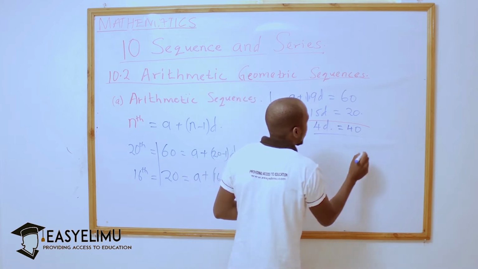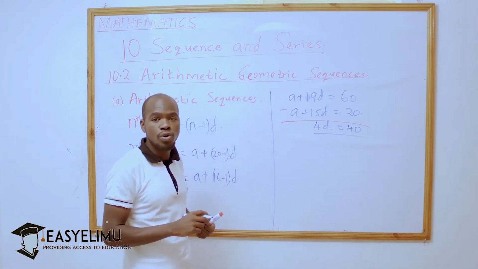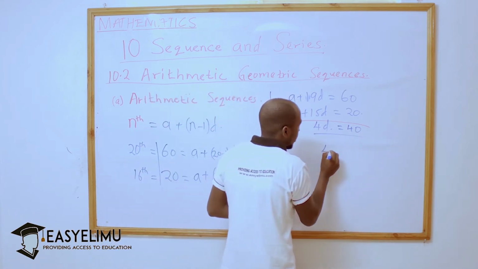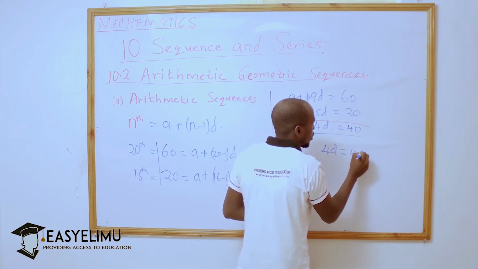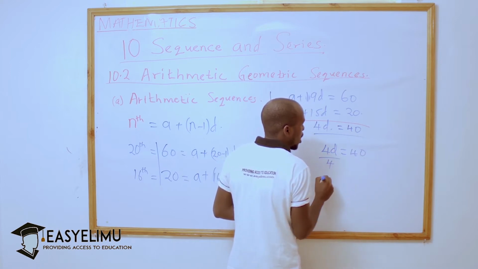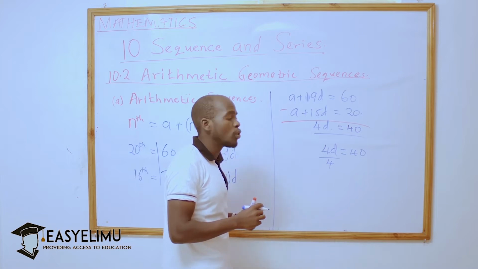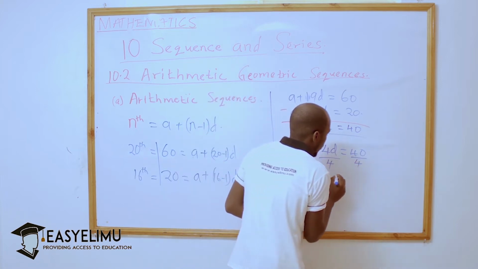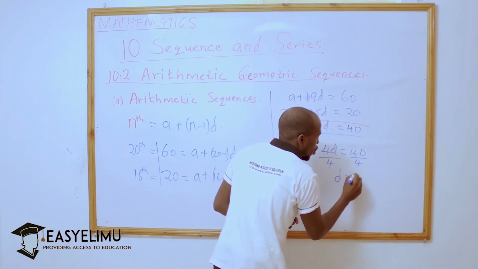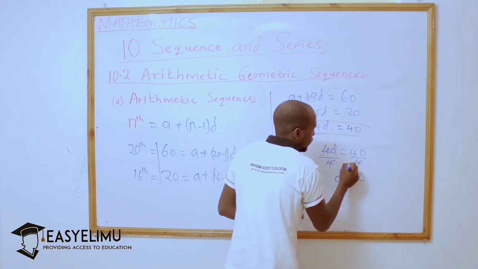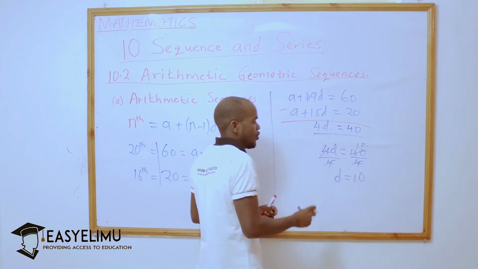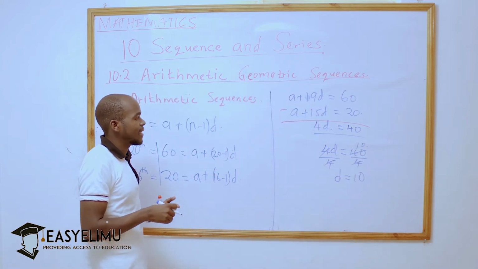So we have 4d is equal to 40, and for d alone we divide both sides by 4 and find d is equal to 10.